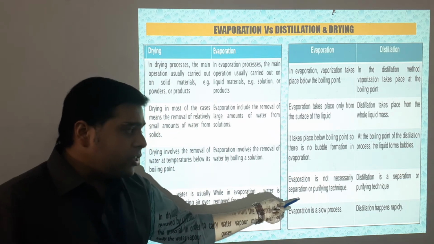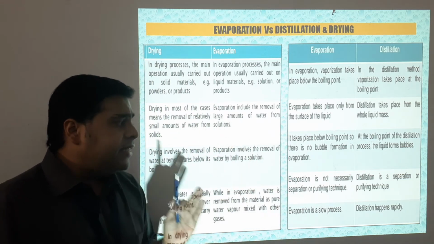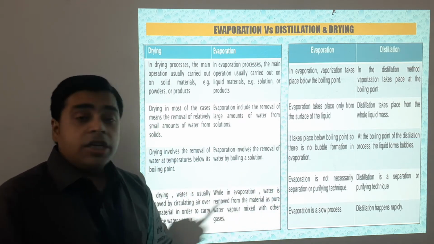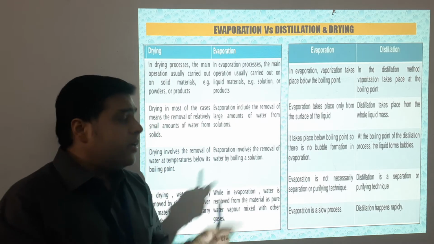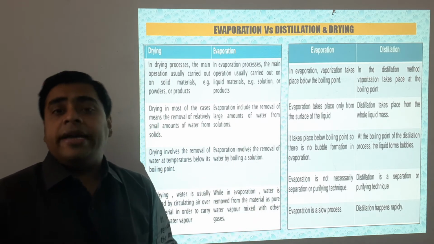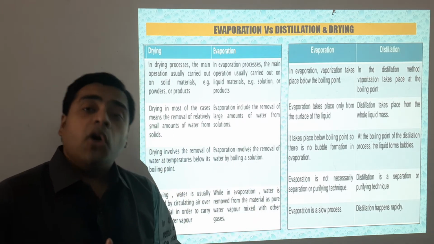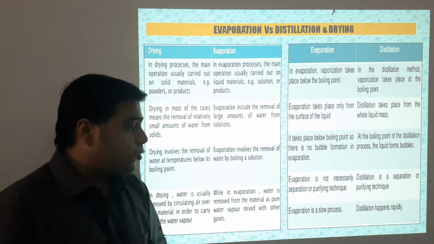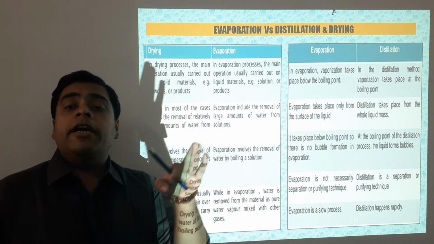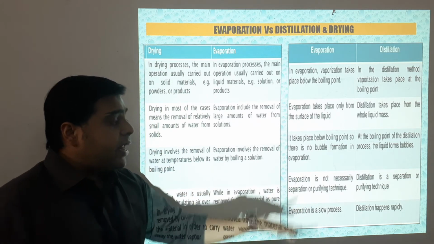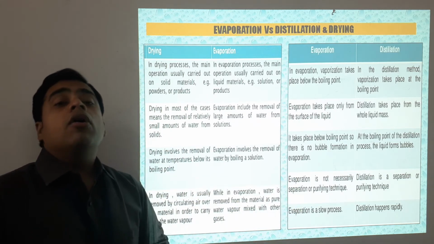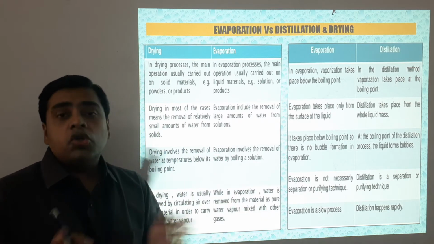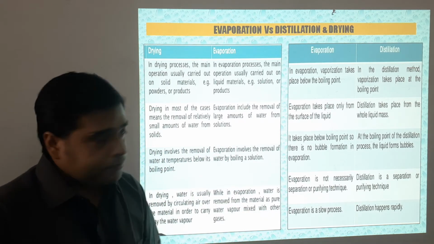Next, evaporation is not necessarily a separation or purifying technique, whereas distillation is basically a separation or purifying technique, and it is routinely followed for all extracts, particularly plant extracts. Evaporation is a comparatively slow process, whereas distillation occurs rapidly. Of course, there are certain factors on which this slow or fast will depend.